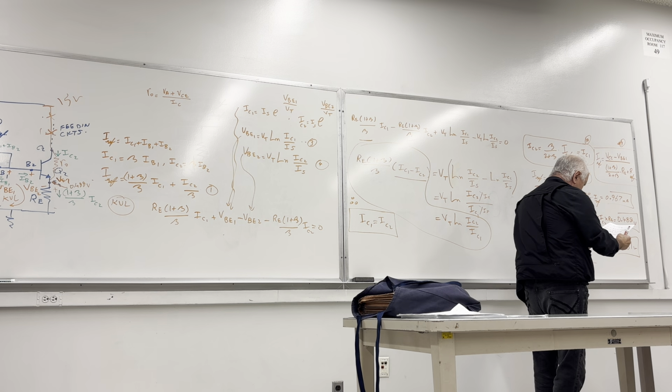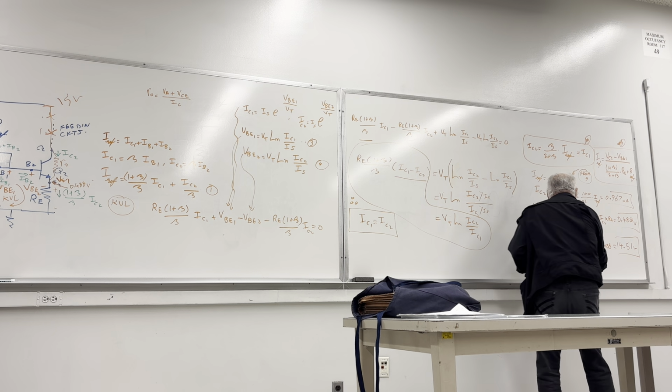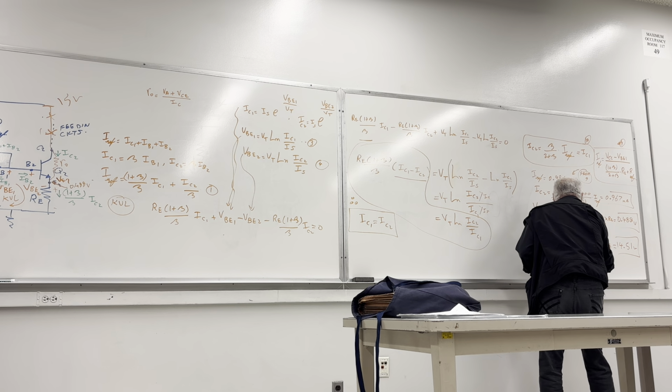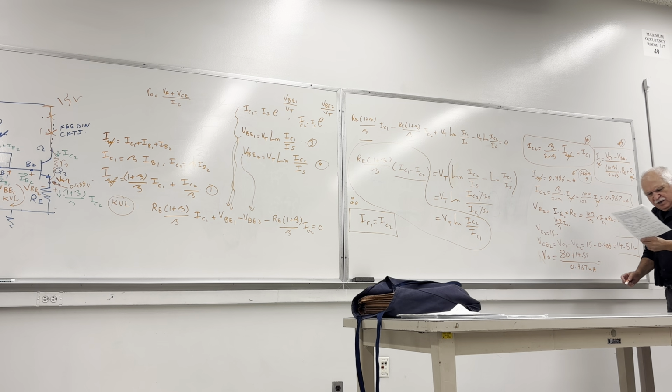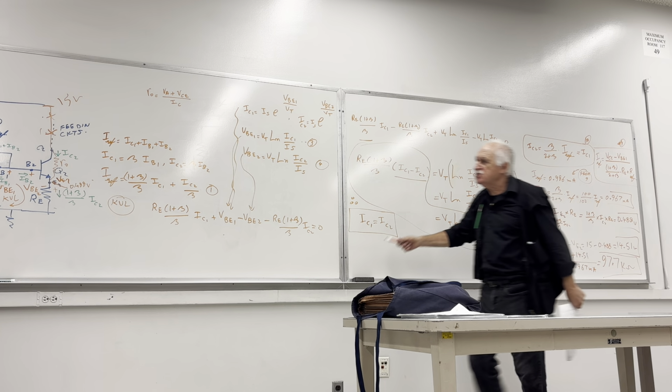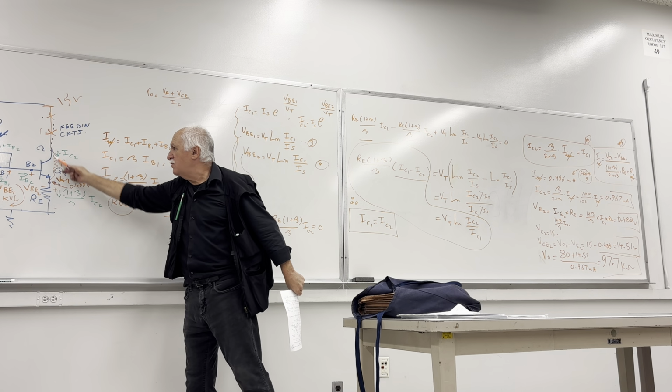IC is 0.967 milliamp. Finally, RO ends up to be 97.7 kilo ohm. There it is. 97.7 kilo ohm is the dynamic resistance between collector and emitter.